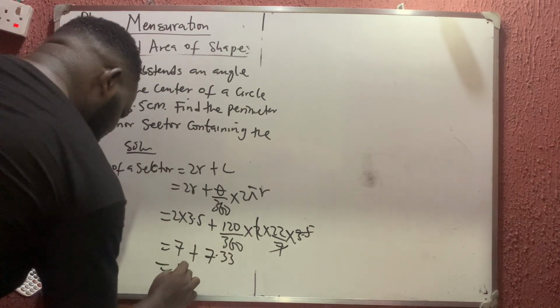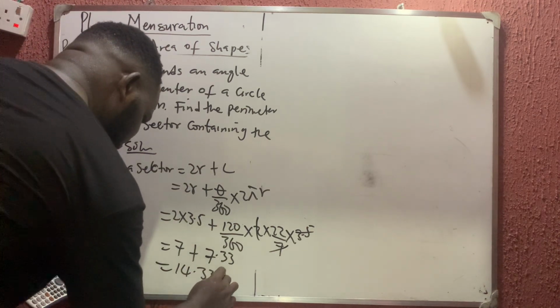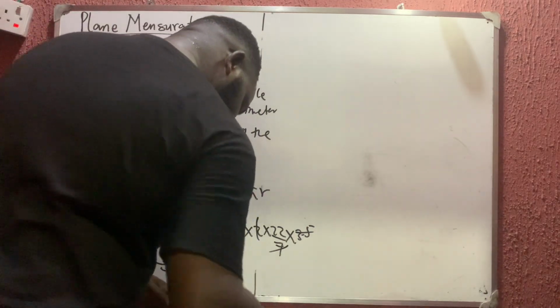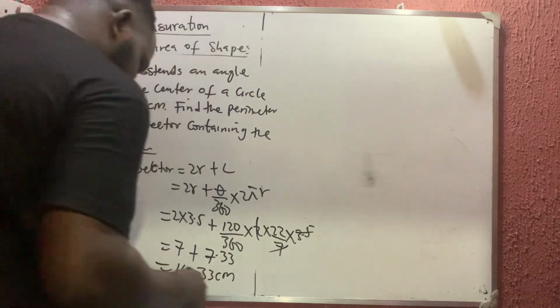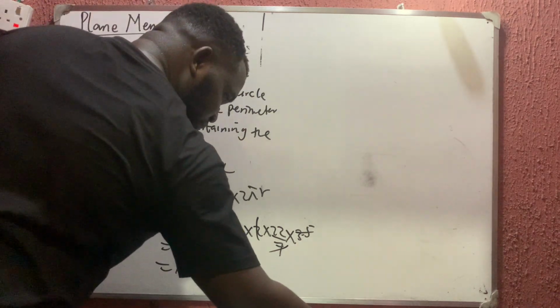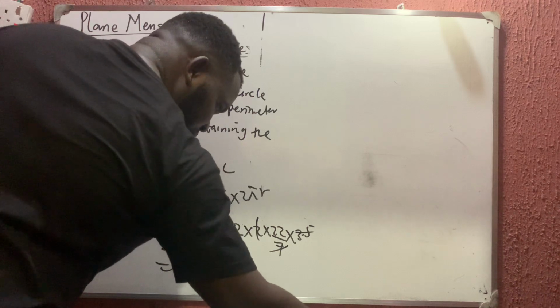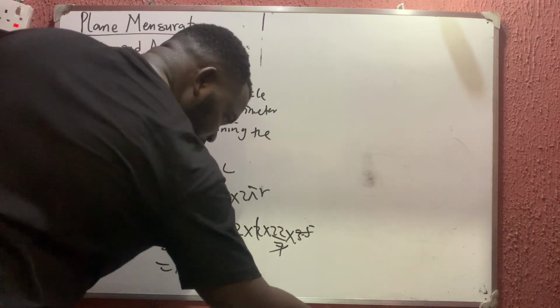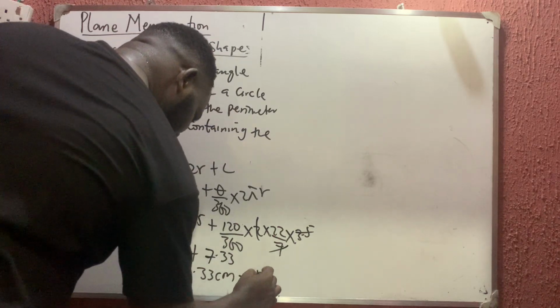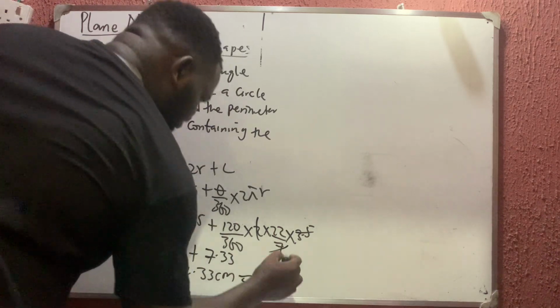So the perimeter is 14.33 cm. So that is that for that. They left their own in whole number, so my own is going to be 14 whole number 1 over 3.